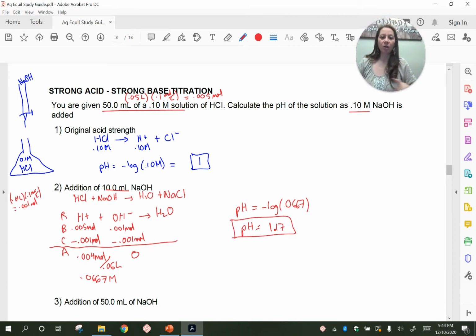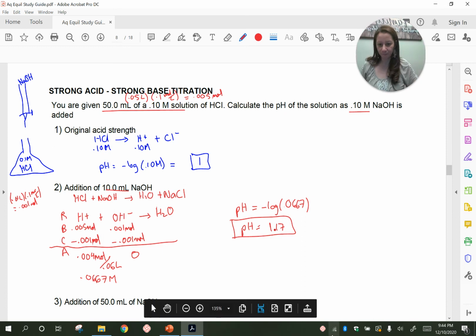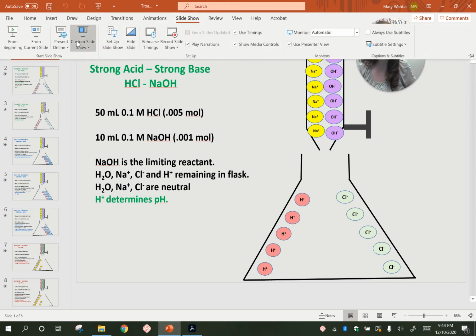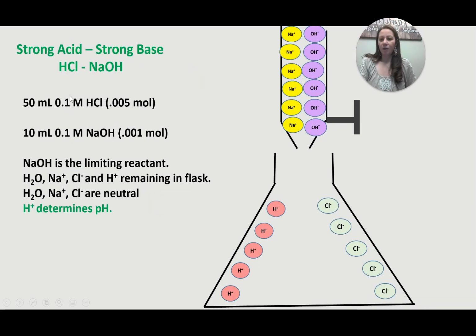Okay, I want to show you a visual for what's happening here. So I have some HCl. I have 15 milliliters of 0.1 molar HCl, which is equivalent to 0.005 moles, like we just calculated. So I'm going to have each one of these HCl's as 0.001 moles.